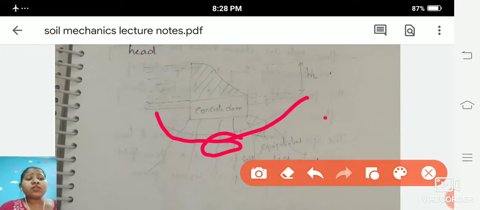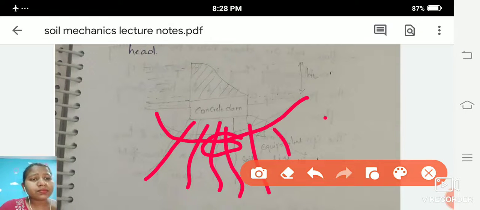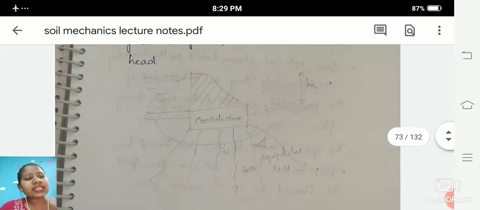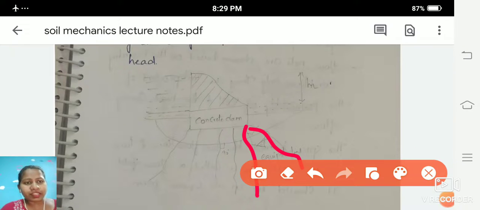That line is known as your flow line. And here you have the flow net, which consists of the flow lines between the equipotential lines. If you see here, this is a flow line and this is another flow line of a particular soil sample, and you can see an angle forming.